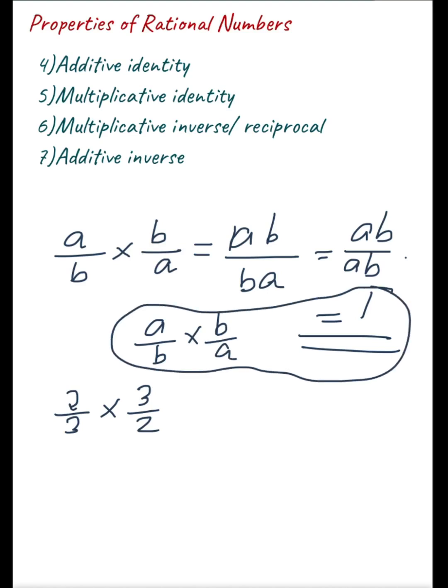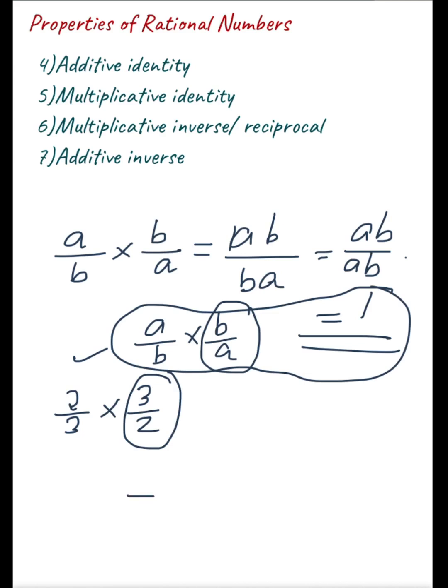So this b by a is called the multiplicative inverse of a by b. That means you just have to interchange the numerator and denominator, then you will get the multiplicative inverse. Understand? So 3 by 2 will be the multiplicative inverse of 2 by 3.